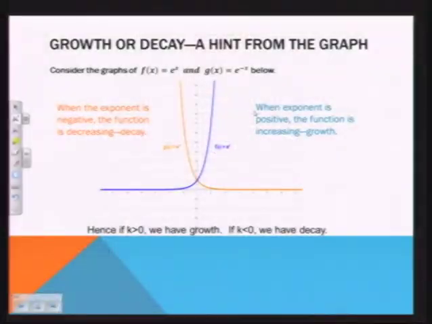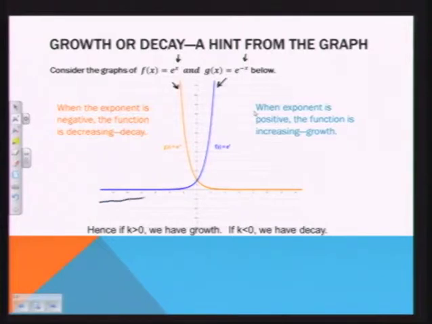Now, as we do that, consider the graphs of f of x equals e to the x, that's our blue graph, and g of x equals e to the negative x. And what I'm concentrating on here is a positive exponent versus a negative exponent. When our exponent is positive, we're on the blue graph.